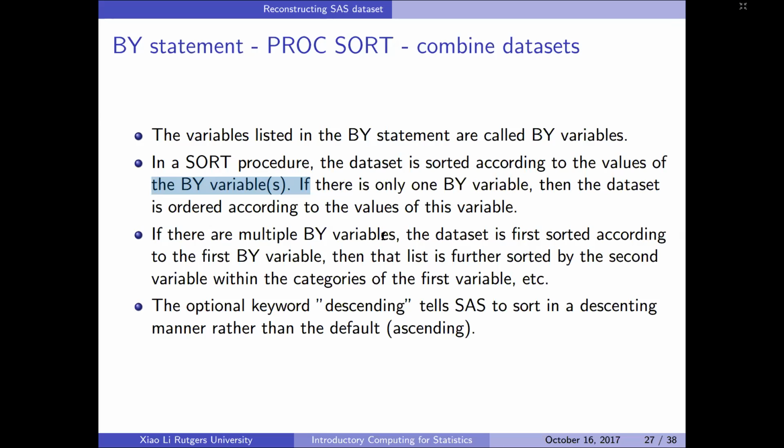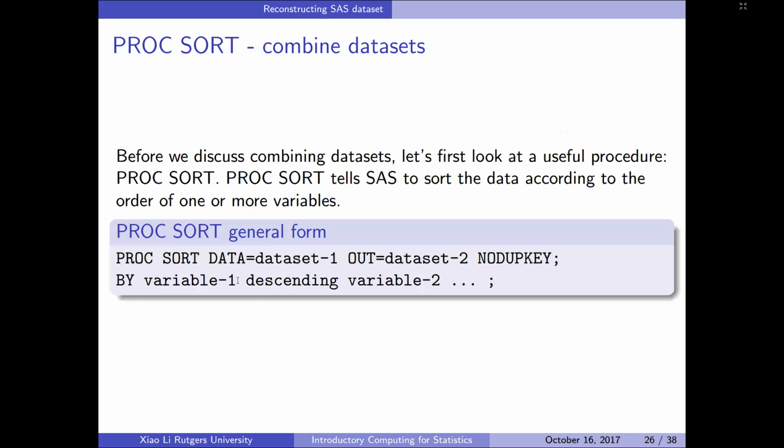If there are multiple by variables, the data set is first sorted according to the first by variable, then that list is further sorted by the second variable within the categories of the first variable, and so on. The optional keyword descending or ascending tells us to sort in a descending or ascending manner for the variable that comes after the keyword.